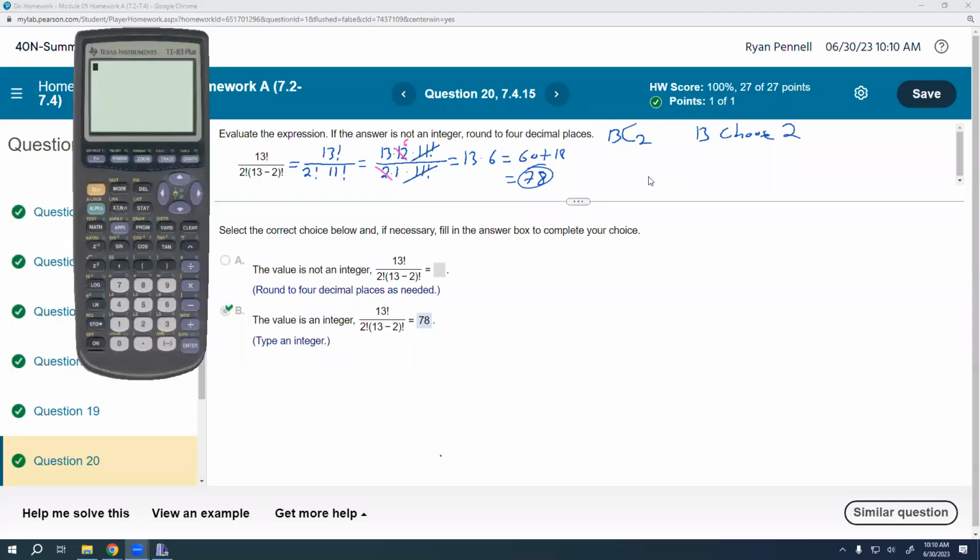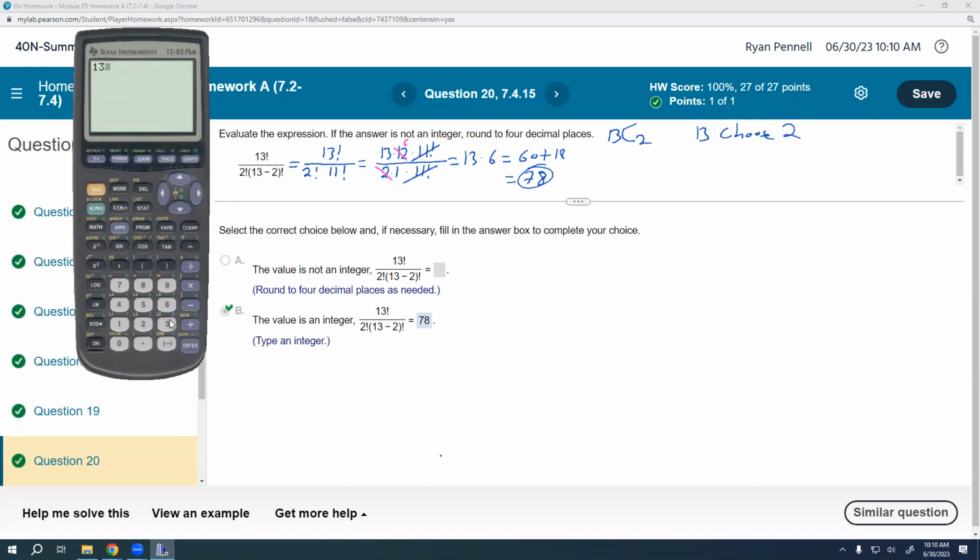I should mention that we can calculate combinations in the calculator. So I have my TI-83 Plus here. And if I go to math, I can move over to probability. And I can choose the nCr. Let's see.